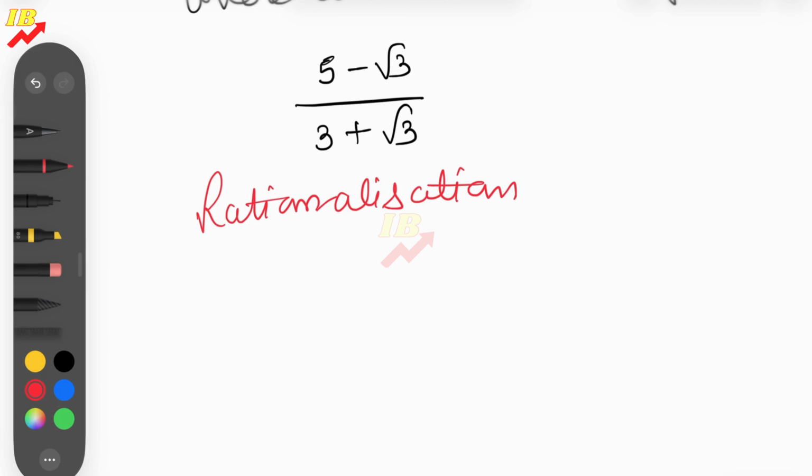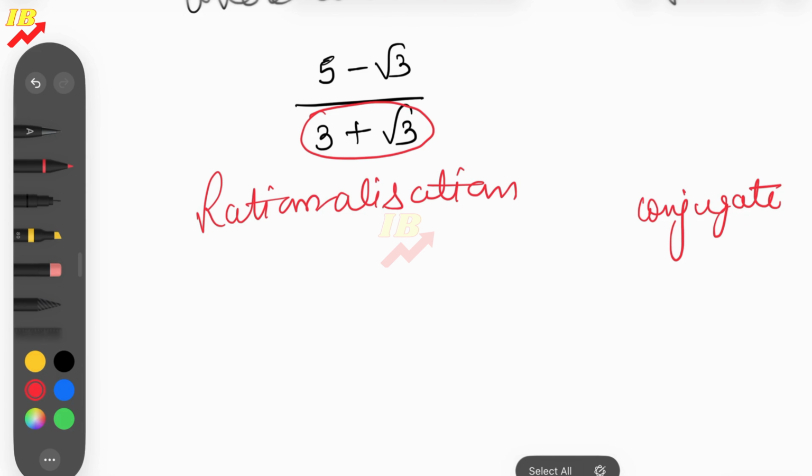Rationalization means that you are taking the conjugate of your denominator and multiplying it with numerator and denominator. What is conjugate? Conjugate means whatever number is there in the denominator, you take the opposite of it. If I have 3 plus root 3 here, I'll be writing 3 minus root 3 here. That's the conjugate of your denominator in this question.